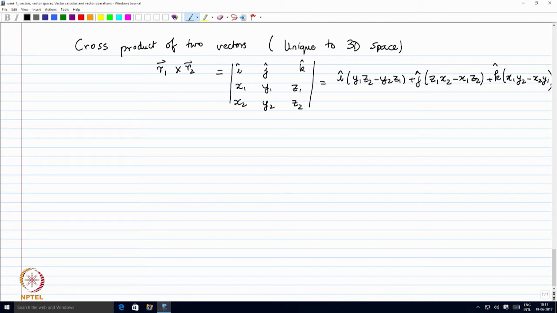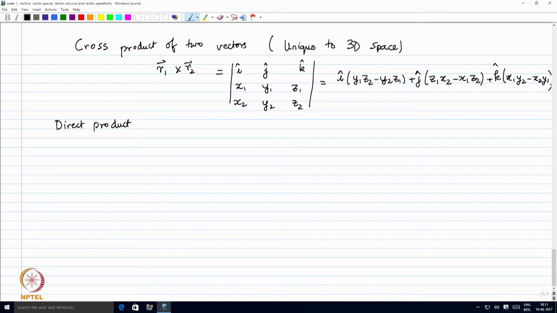You can also have other kinds of products, these are not the only kind of products. You can define many different products of vectors. For example, you can define something called a direct product. I will just use a notation and show it in matrix form.